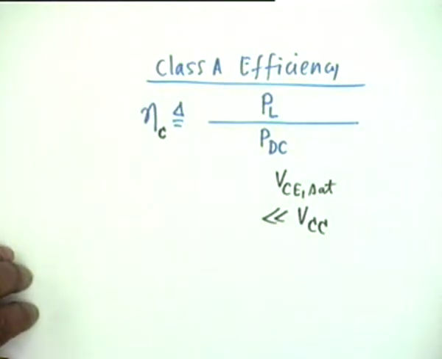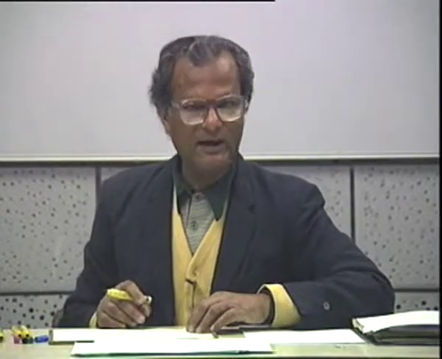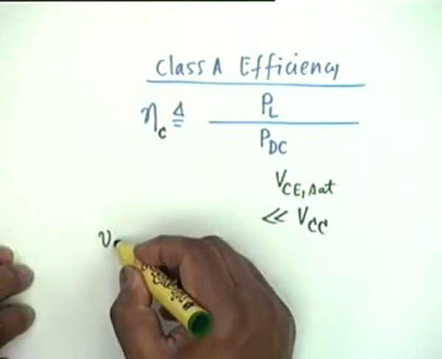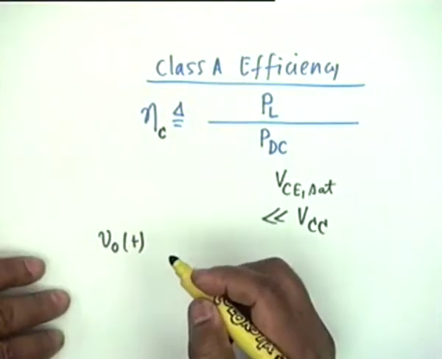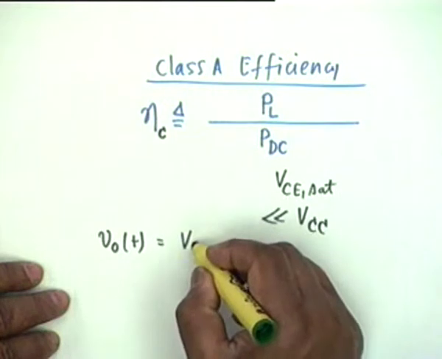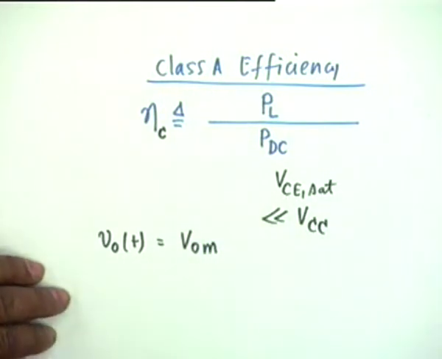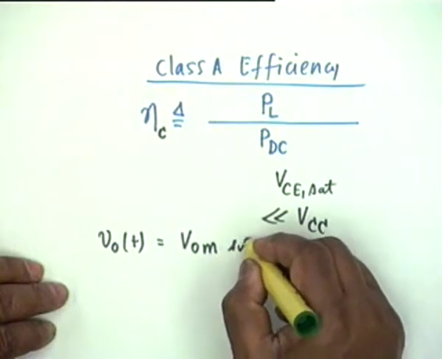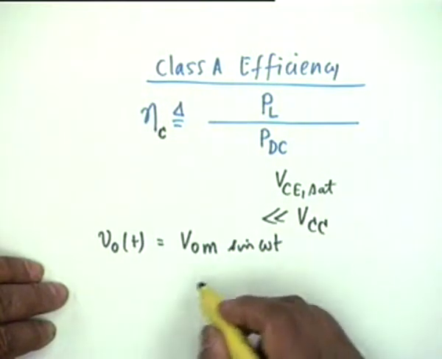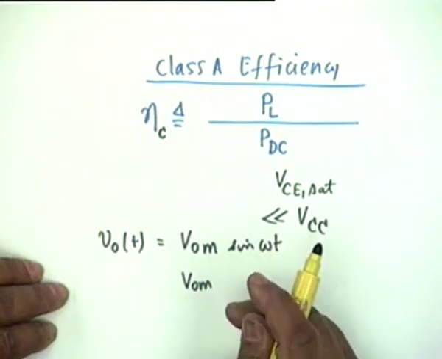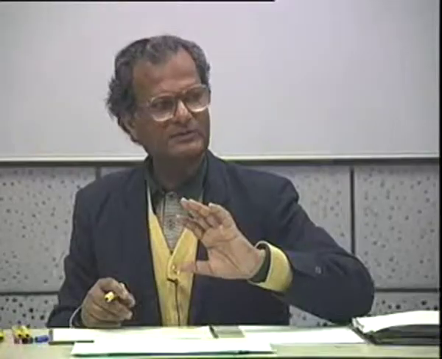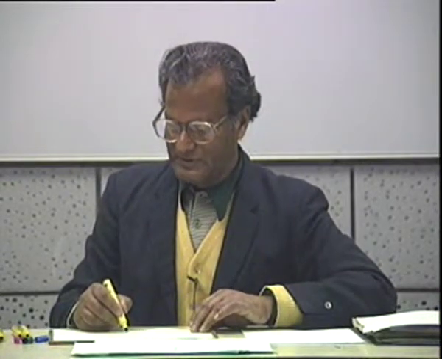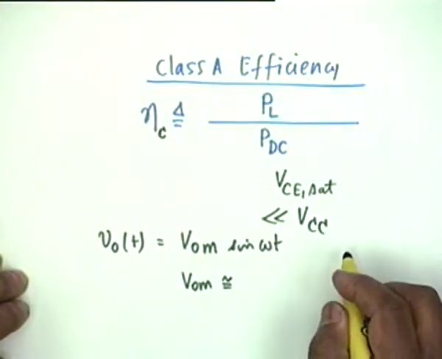Now suppose in the class A amplifier IQRL has been so selected that V0t is equal to V0M, the maximum value, multiplied by sine omega t, and the transistor has been driven to its maximum possible swing, then V0M would be approximately equal to what?